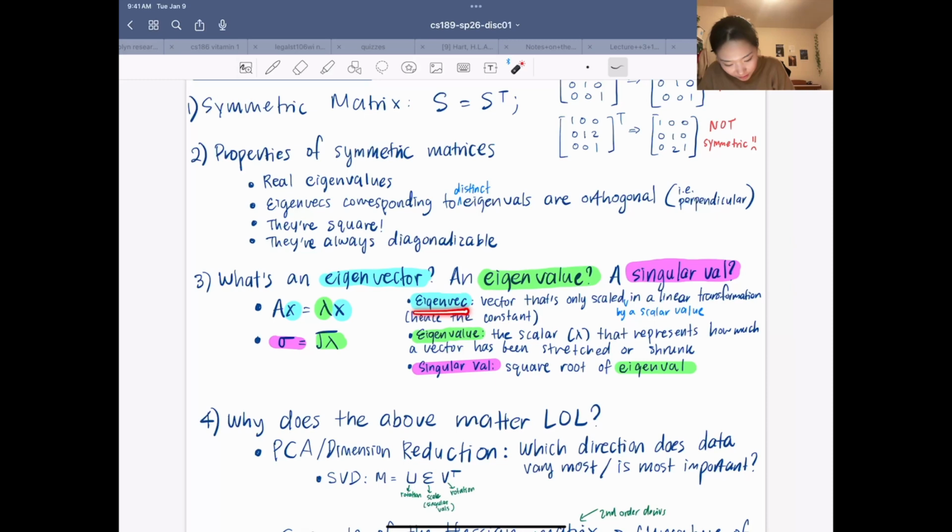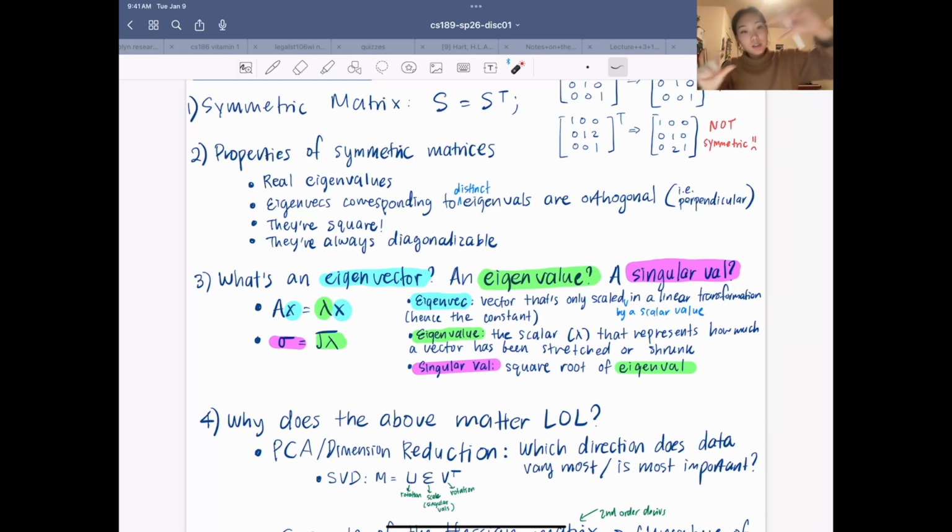And so what does that mean? An eigenvector is a vector that's only scaled by some constant or scalar value when you apply a linear transformation. Let's say you have some vector and you apply some linear transformation; lots of vectors change direction, but an eigenvector only gets stretched or shrunk. So it doesn't change direction unless you completely reverse it, which is a negative sign.